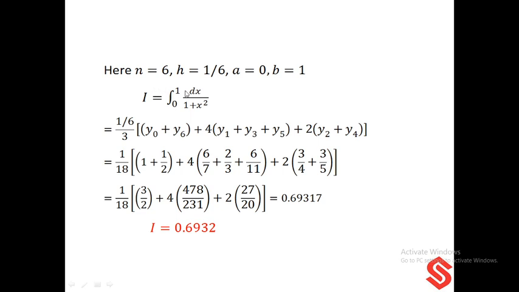So since n is equal to 6 and h is 1 by 6 here, a is equal to 0, b is equal to 1, we get I is equal to (1 by 6) by 3 into (y0 plus y6 plus 4 into (y1 plus y3 plus y5) plus 2 into (y2 plus y4)). So we know the values from the table. You substitute and simplify, we get I is equal to 0.6932.